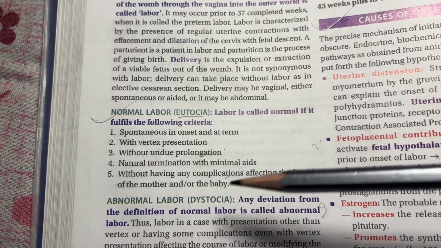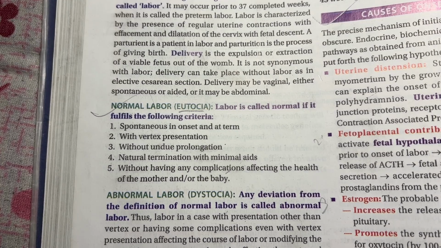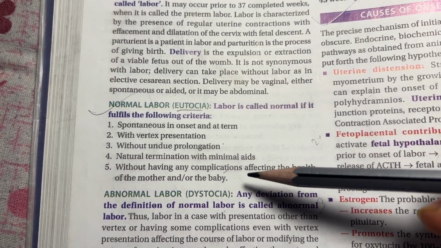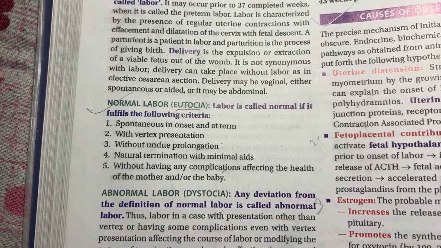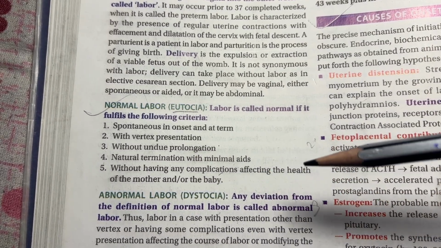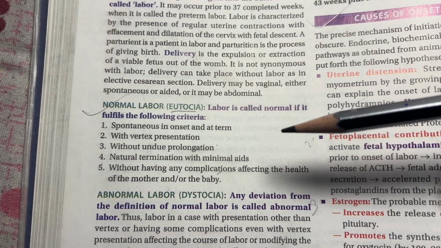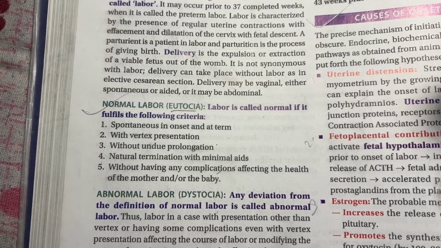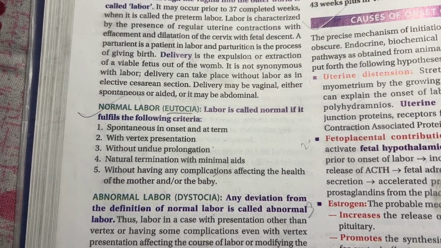And then number 5 is without having any complications affecting the health of the mother and or the baby. Complications means any problem to the mother or the child. In normal labor, everything has to be normal, with nothing harmful for the mother's health or the baby.